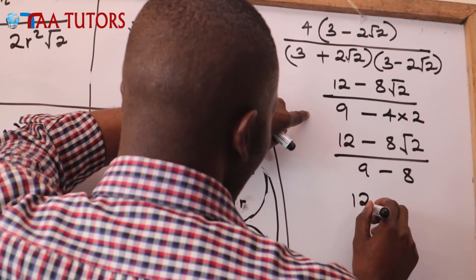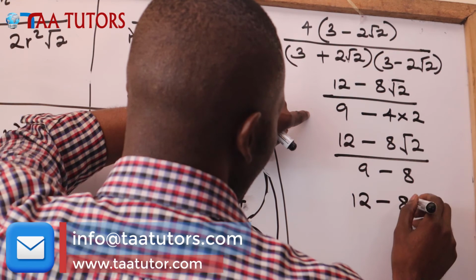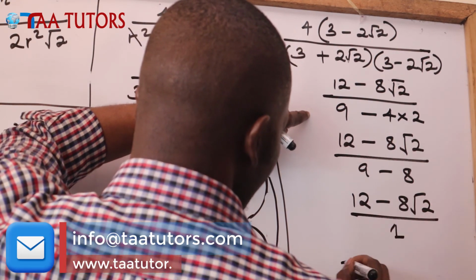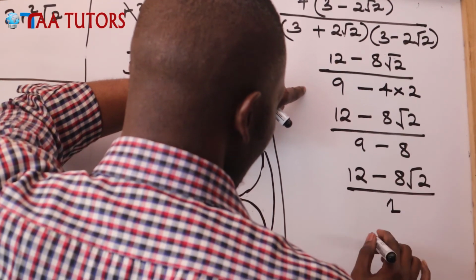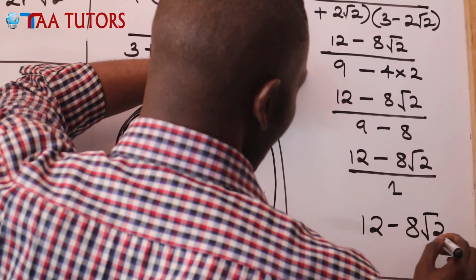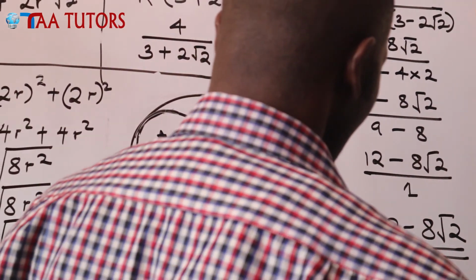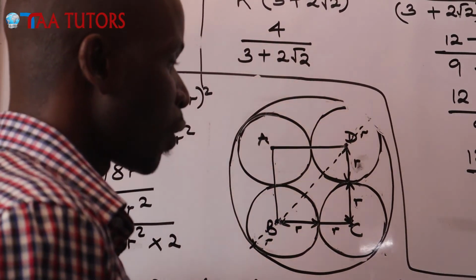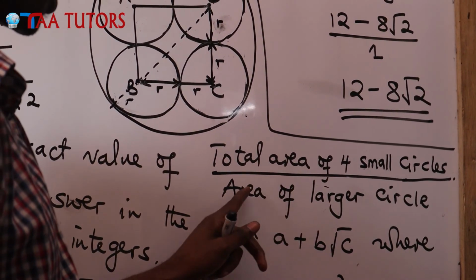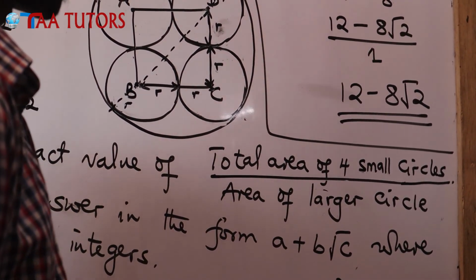This is going to be 12 minus 8√2 divided by 1. So that could simply be the final answer: 12 minus 8√2. That is the answer for the total area of the 4 small circles divided by the area of the larger circle.